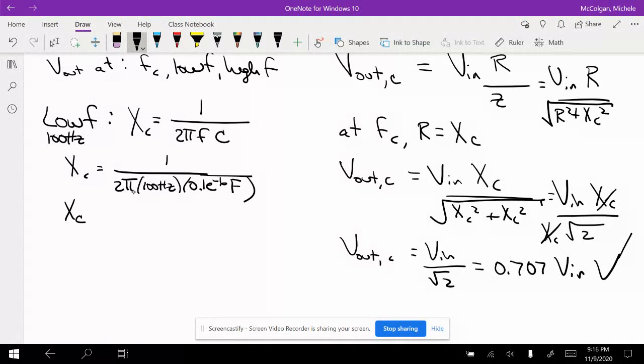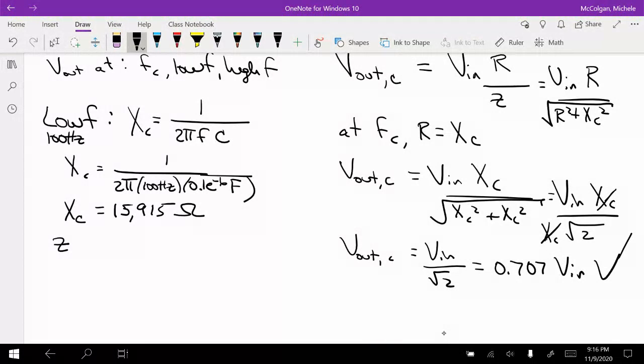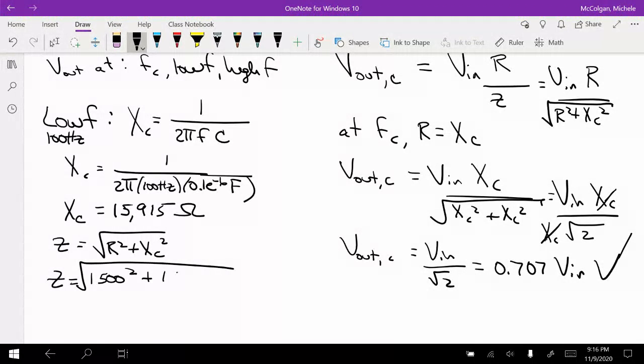So XC is equal to 15,915 ohms. And now if we want to find the Z value, this is going to equal the square root of R squared plus XC squared. So Z is equal to the square root of 1500 squared plus 15,915 squared. And so Z is going to equal 15,986 ohms.